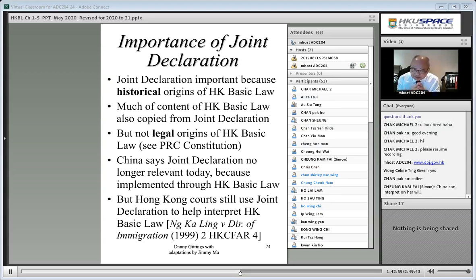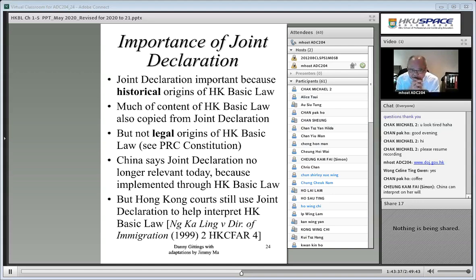It is that particular provision, Article 31, which empowers the NPC to promulgate a basic law, which out of necessity can establish a separate system that does not practice the socialist legal system being practiced on the mainland.